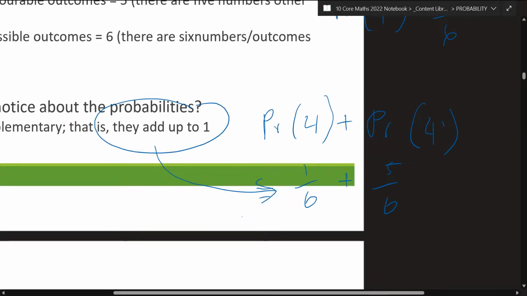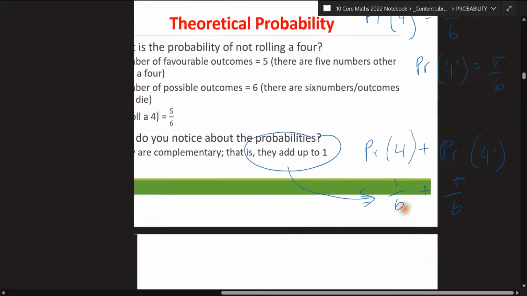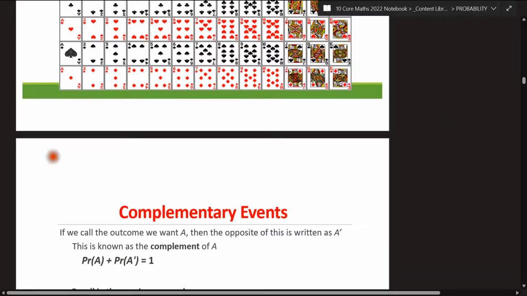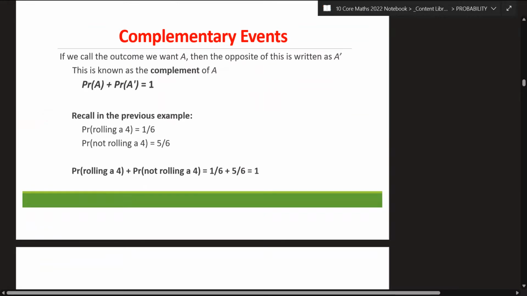So you'll notice that if you have an event and you add it with its opposite, it always equals 1. Keep that in mind. I've sort of mentioned that here. If you have an event and you add it to its complementary, it always equals 1.